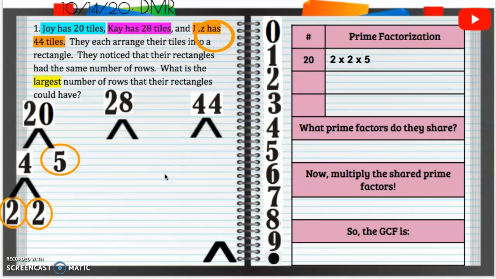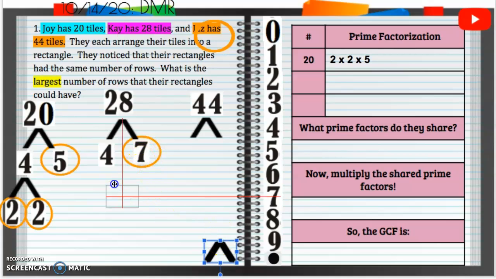What about 28? There are a couple different ways we can do this. Let's do 7 times 4. You can even do 14 times 2, that's fine too. Let's do 7 times 4, or 4 times 7. Are either of these a prime number? Yes, 7 is a prime number because the only two factors are 1 and itself, so you can't break it down anymore.